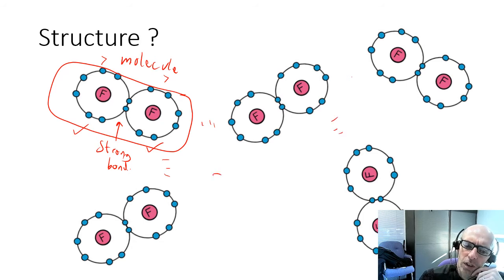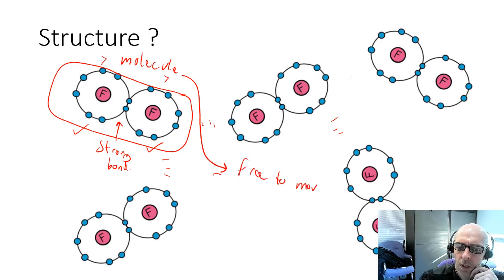So then we discussed the fact that these molecules are free to move. If the molecules are free to move, it only goes to say it has to be a liquid or a gas, and most simple covalent substances are gases.